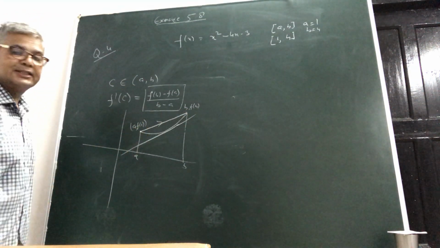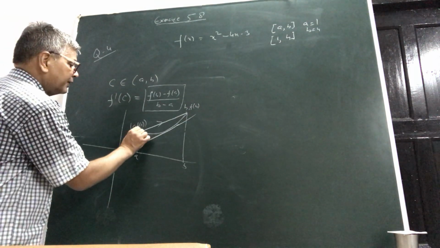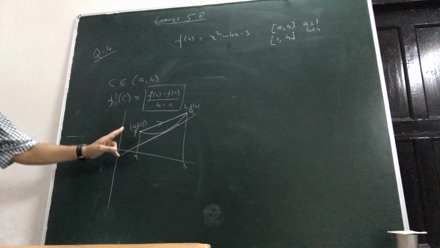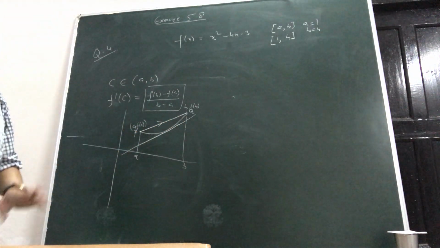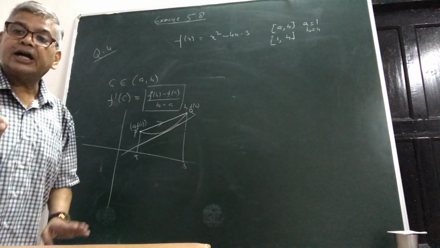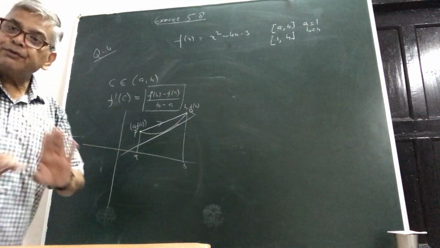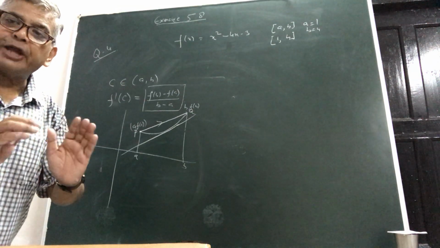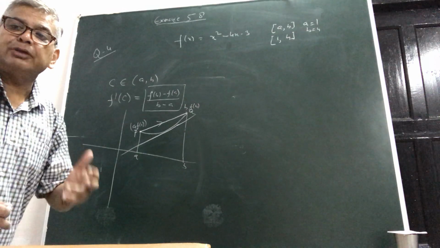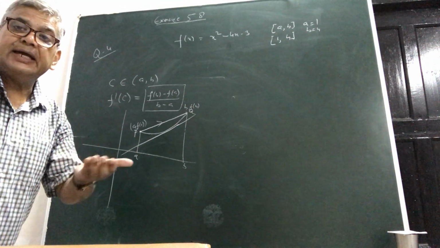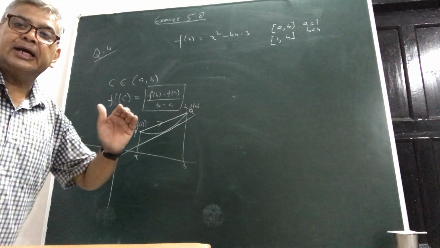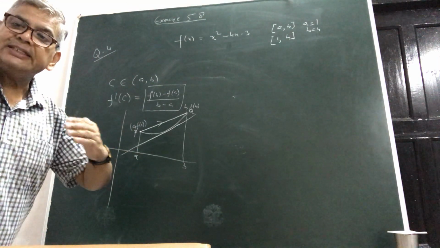But it is not that you can come whimsically. As I told you on that particular day, your curve should be continuous, and not only continuous, it should have a tangent everywhere, which simply means it is differentiable. A curve having a tangent everywhere is known as a smooth curve.